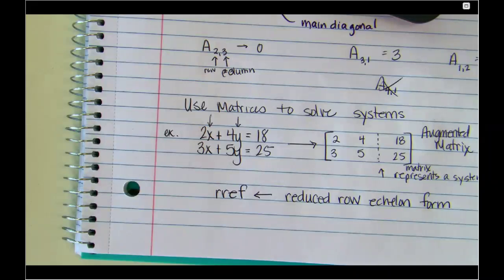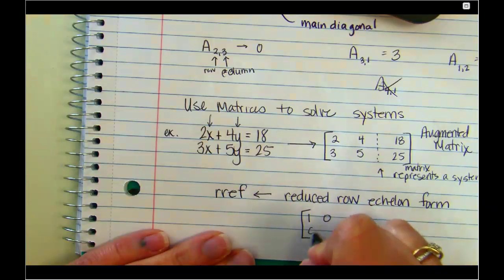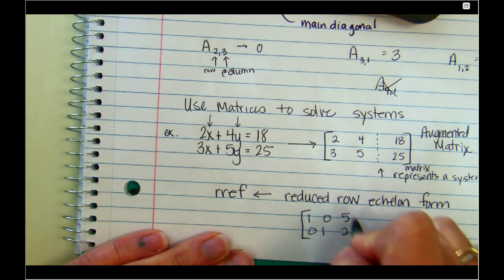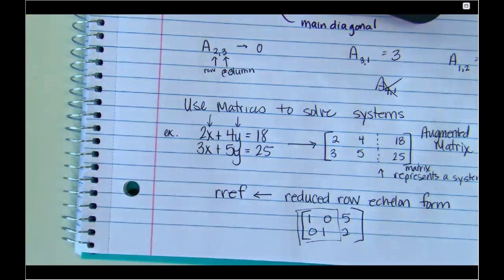So reduced row echelon form means, let me write down what we got so I can illustrate for you. It means that in the square part of this matrix, those numbers are going to be zeros or ones. If you just use our REF with one R, it won't do that. This means this is the simplest possible thing that it gets.